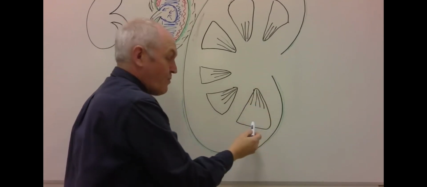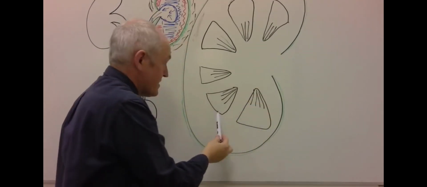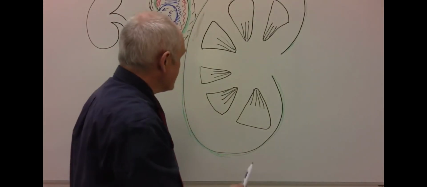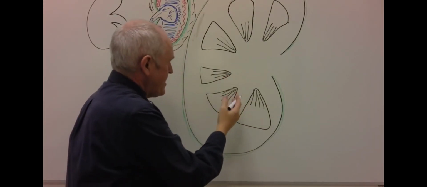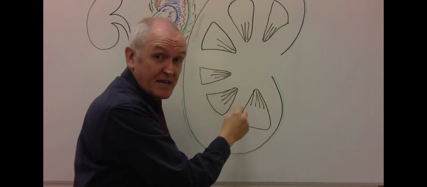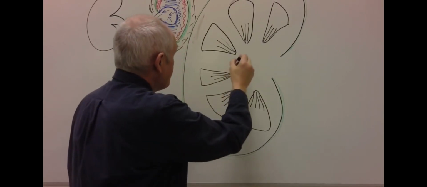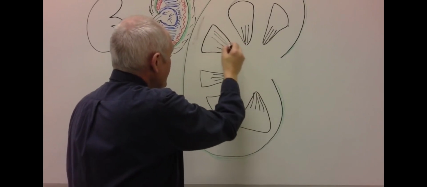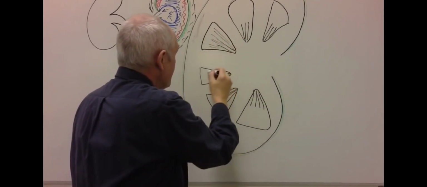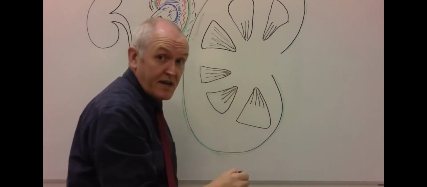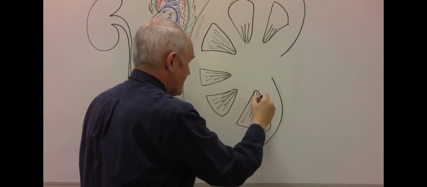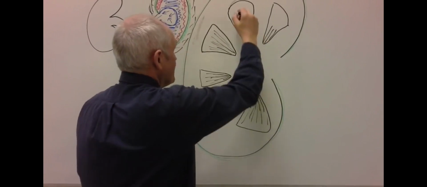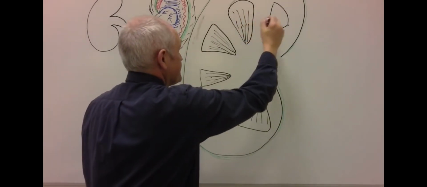So we start off with small collecting ducts that go into larger collecting ducts, until at the bottom, these large ducts that I've drawn here are called papillary ducts, the larger papillary ducts. And when you look at the renal medulla, you can see that it's got this striated form of appearance. It also contains the tubules of nephrons.